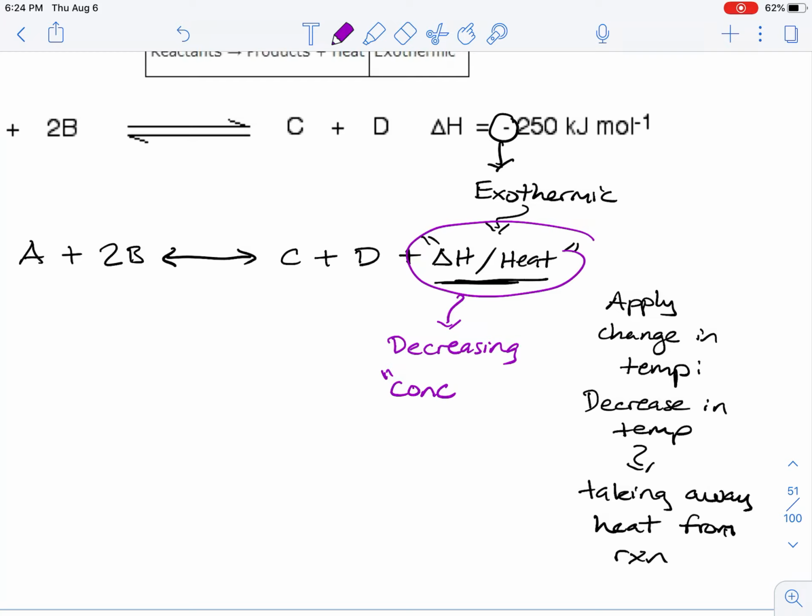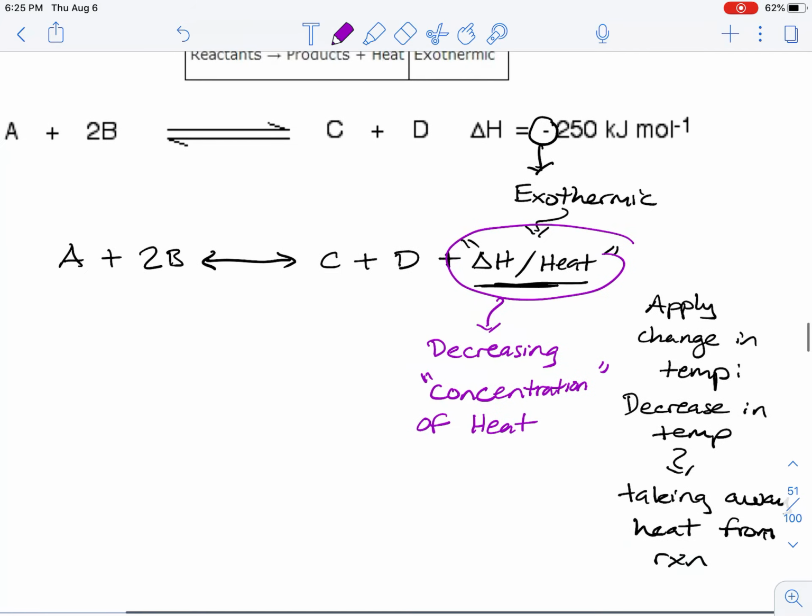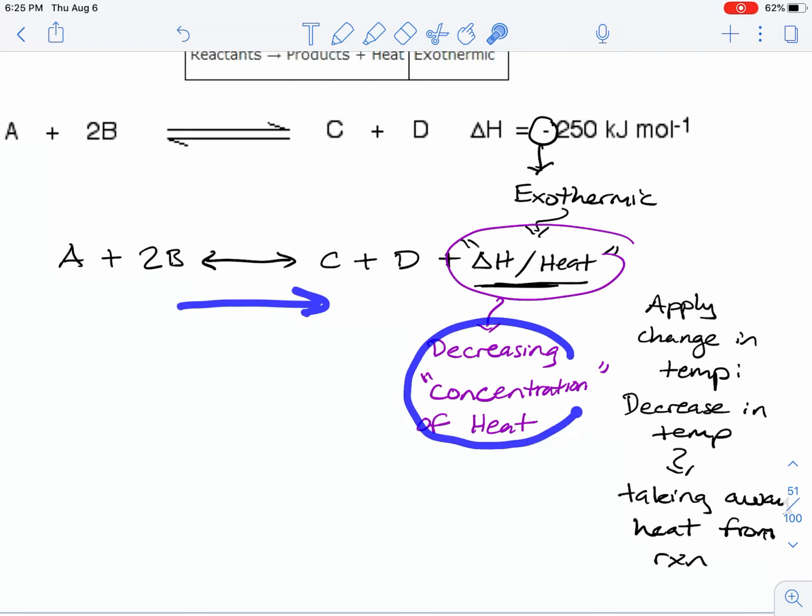So we're decreasing the concentration of heat. Okay. And so what does Le Chatelier's principle tell us? If we decrease the concentration of a product to counteract that disturbance in equilibrium, then the equilibrium will shift in favor of the production of the substance that was lost. And so, in other words, the equilibrium will shift to the right.